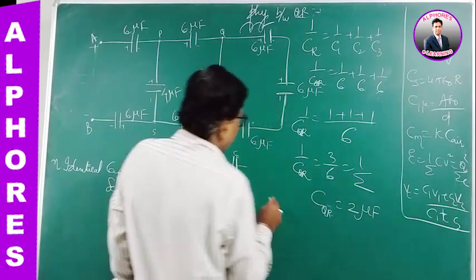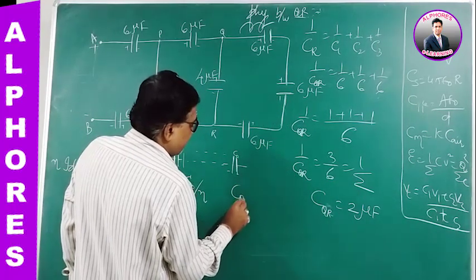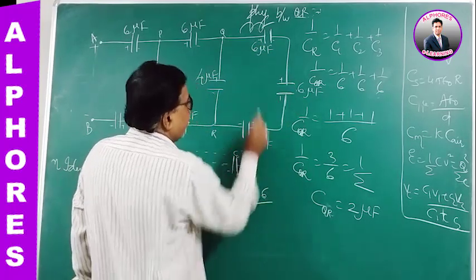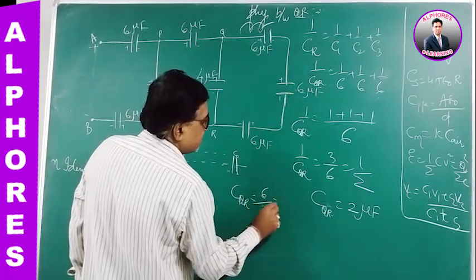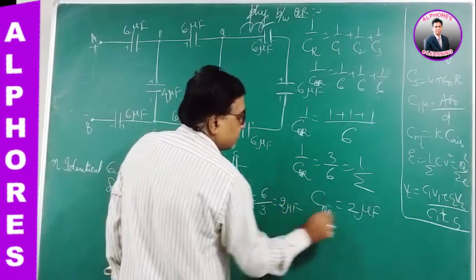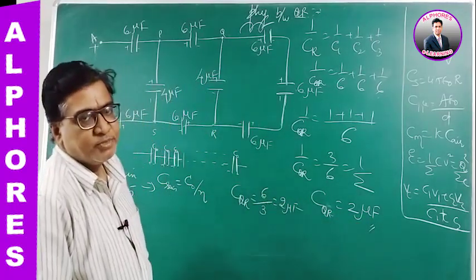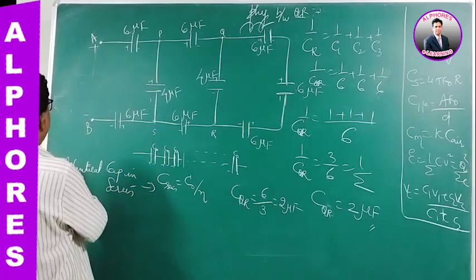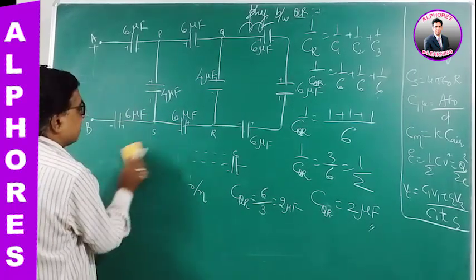So therefore the resultant capacity between Q and R, each C0 is 6, divided by how many? By 3. 6 by 3 is 2 microfarad.